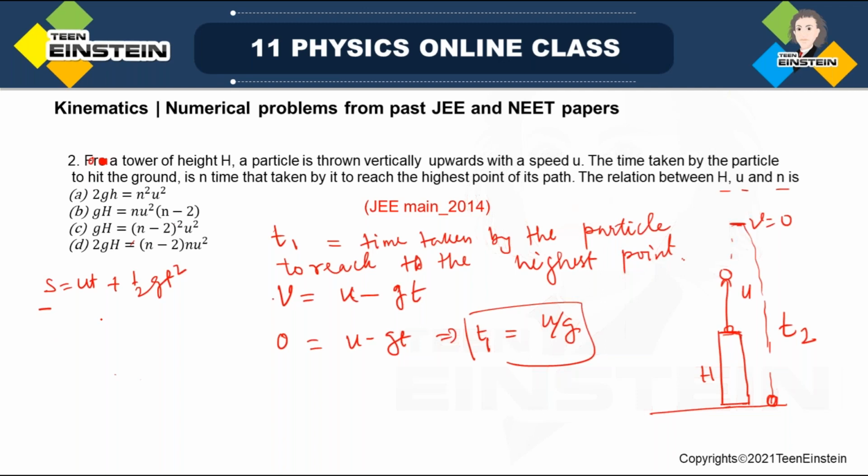So we can write this formula: final height s2 minus s1 equals ut2 minus half g t2 square. So this is what we can do.